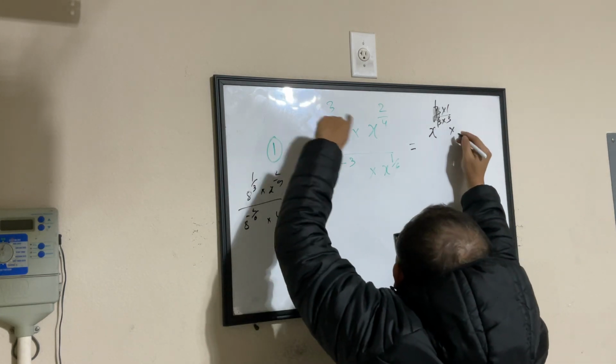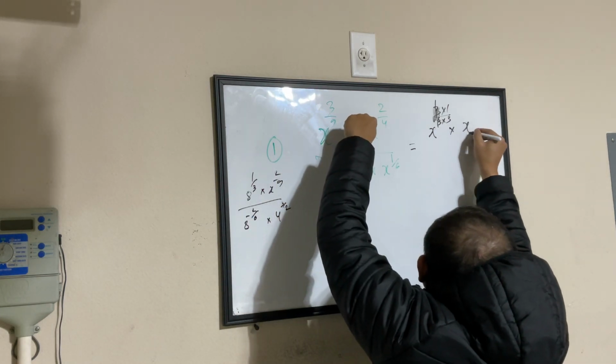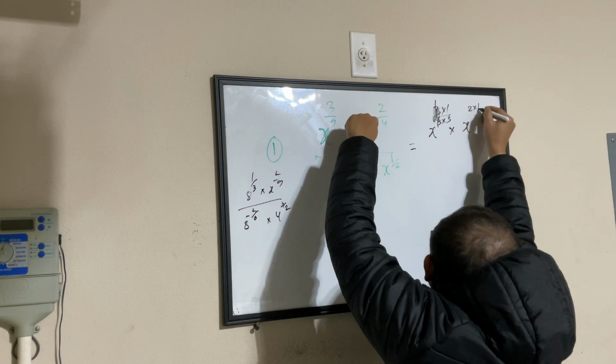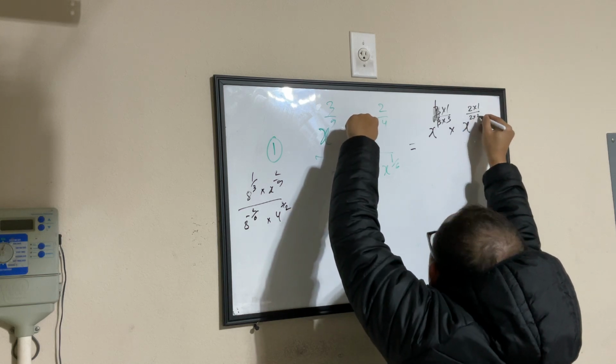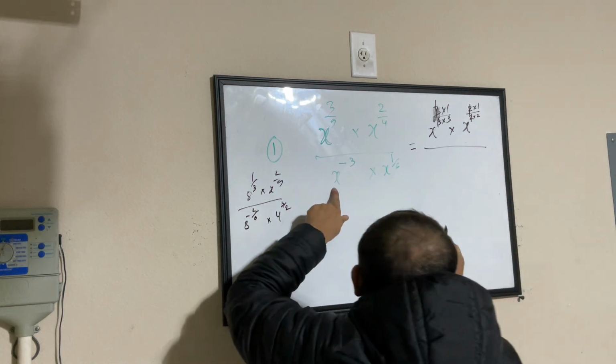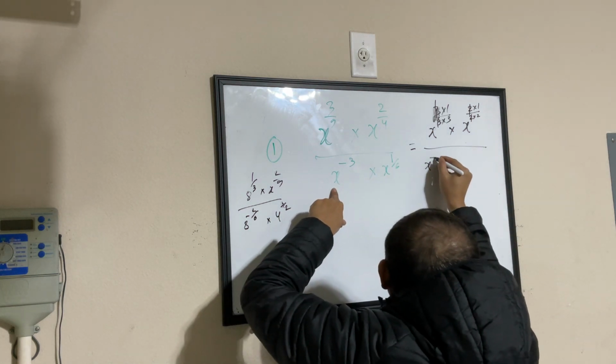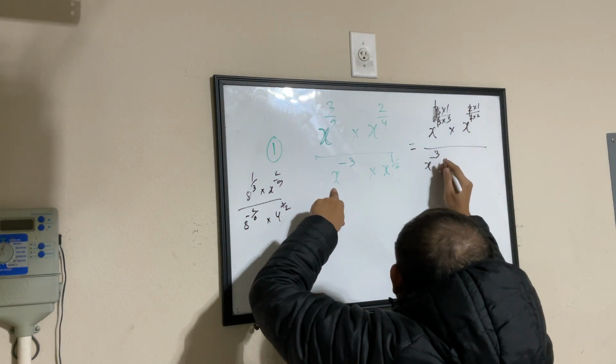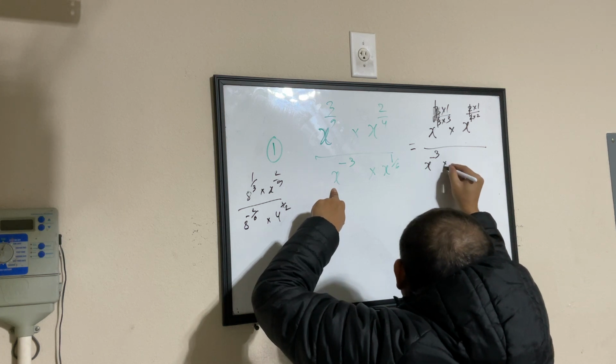Similarly, the second one is x to the power 2 by 4. I can write it as 2 into 1 over 2 into 2, and cancel. Done. Then I have x to the power minus 3 into x to the power 1 by 6.